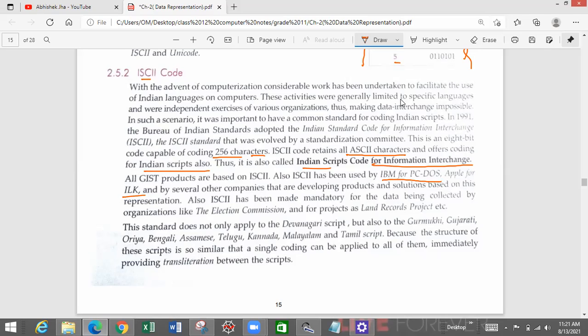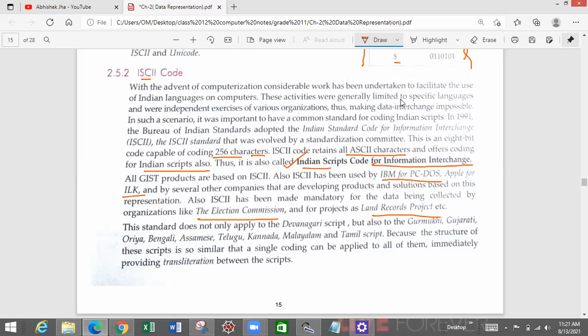You can buy things in your Indian languages also, in Hindi, in Marathi, in Odia maybe. So how is it happening? Internally they are changing the symbols or codings and using ISCII codes. Then they are able to represent everything in native languages. Even offices like the Election Commission or the land record projects are utilizing this same code, so that we utilize it on a very mass scale and it becomes popular.